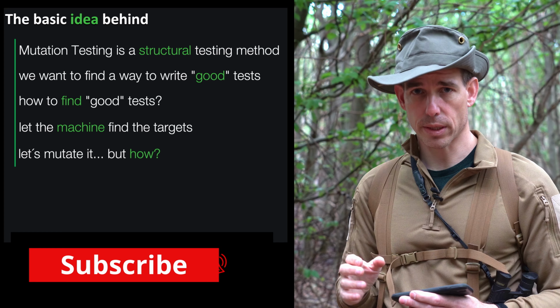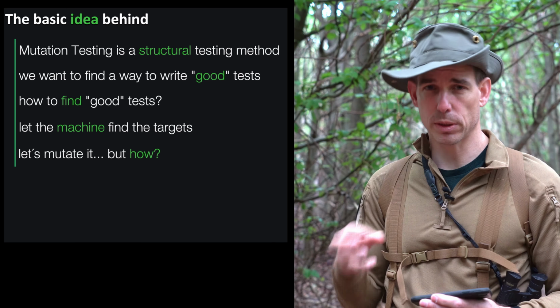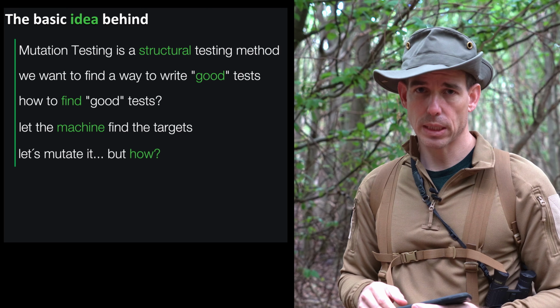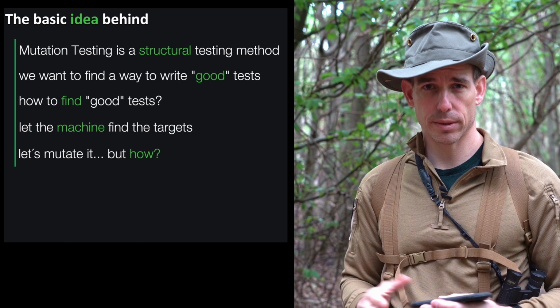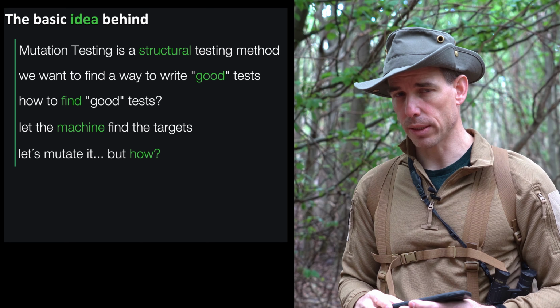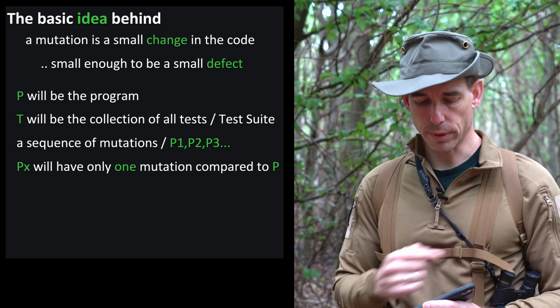So this is the target of mutation testing, to test that the test fits as best as possible to this piece of code you want to test, nothing else. So it will help you to find the good tests. So what are the good input values? And the good thing is the machine will help you to find these good tests. And this is one thing that is really convenient here, because the machine will do a lot of work for you and give you quite good reports so that you can work.